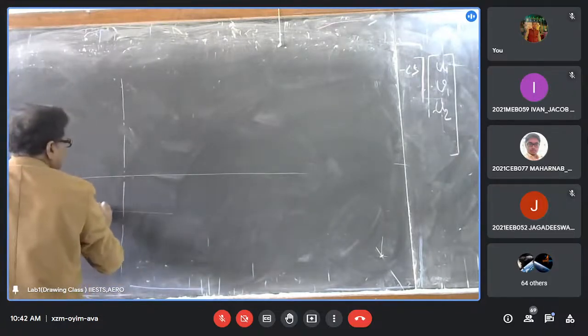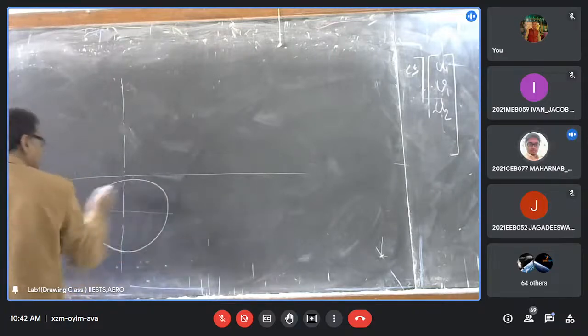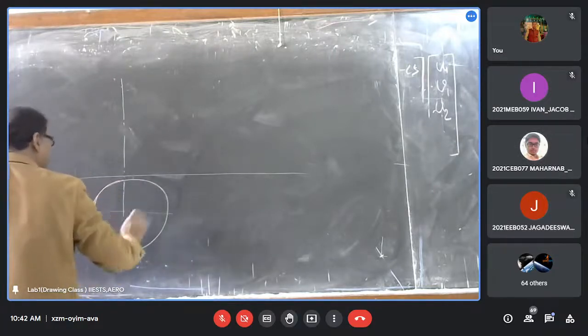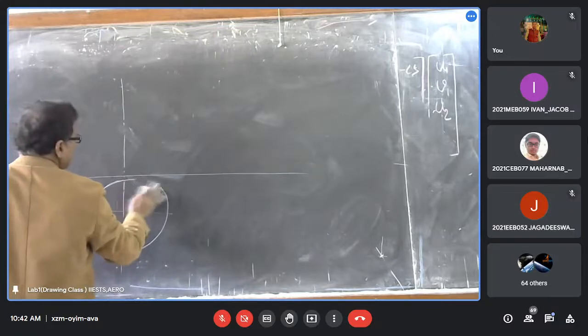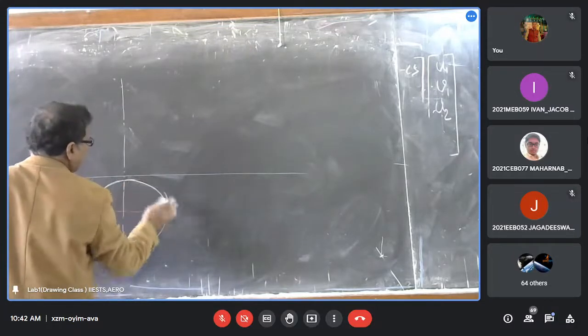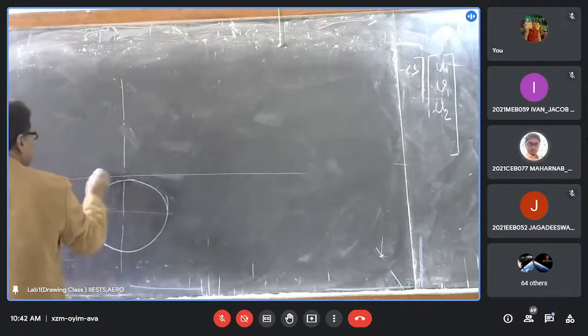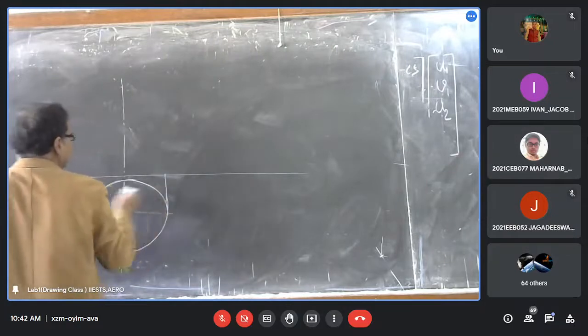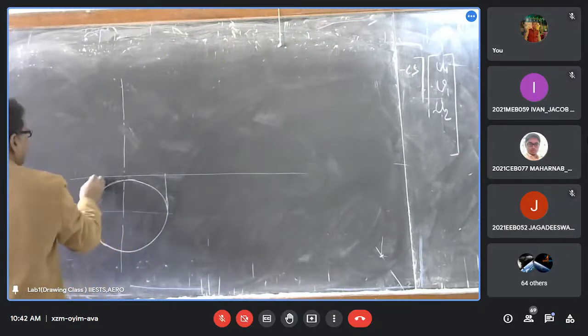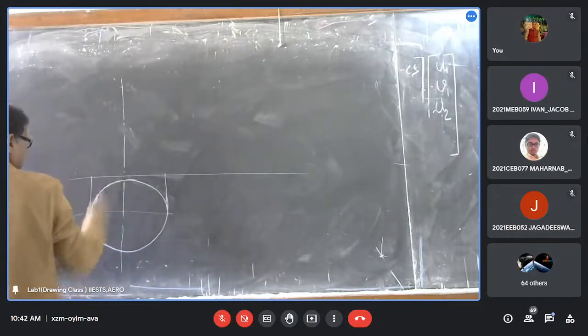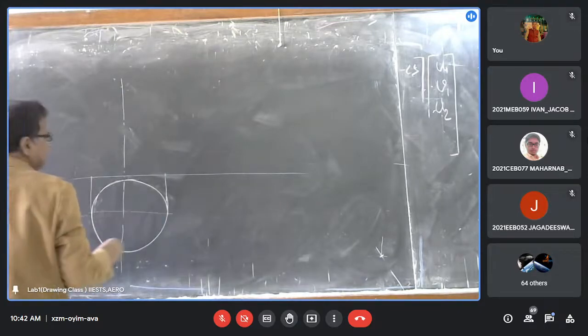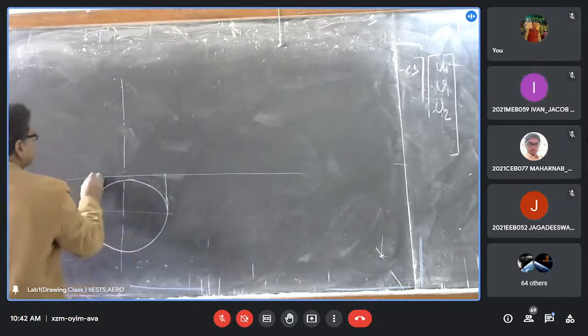Draw the circle. You can see a circle on the plane. Okay. Then draw the section. What do you see in elevation? Tell me, quick. Rectangle.